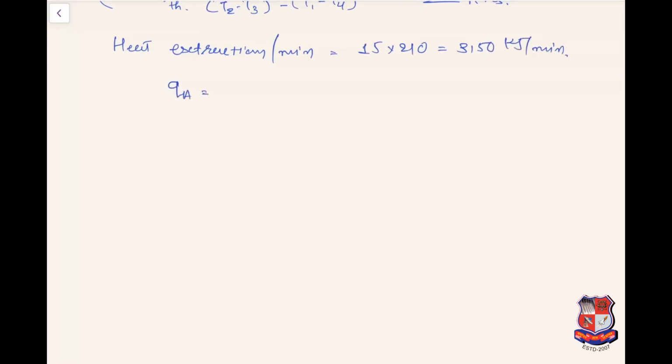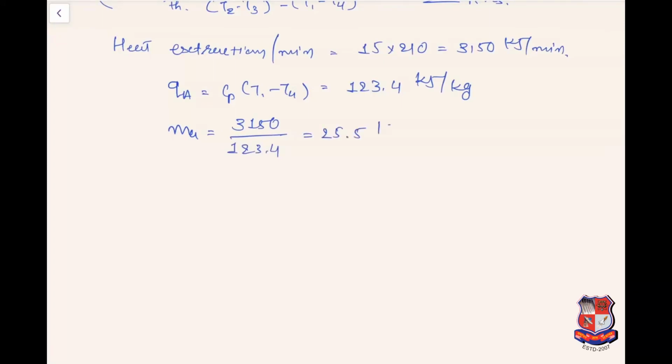So QA will be Cp (T1 minus T4), that will be 123.4 kilojoule per kg. So MA will be 3150 divided by 123.4, so it will be 25.5 kg per minute. So this is our second answer.